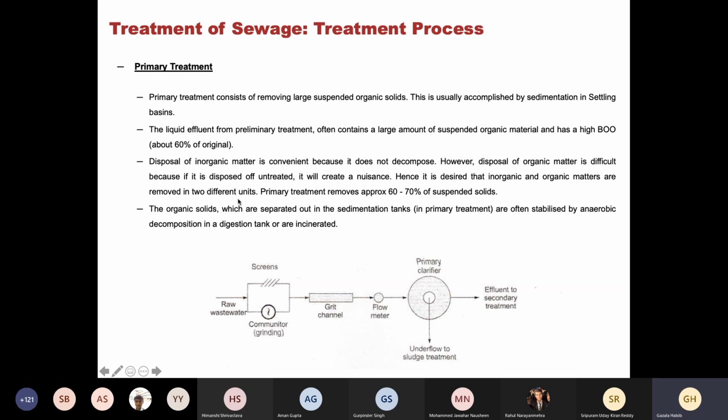The primary treatment consists of removing large suspended solids. It will only include the primary clarifier or primary sedimentation tank.